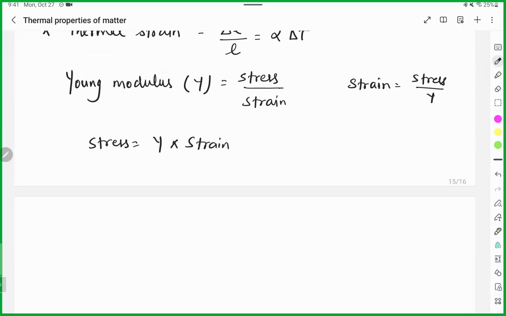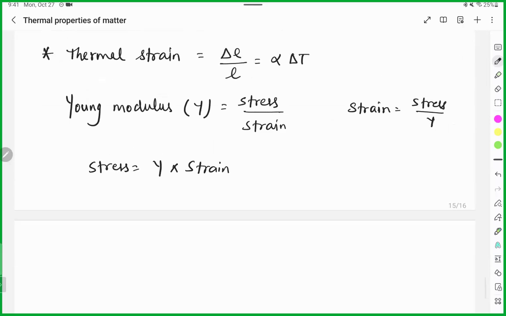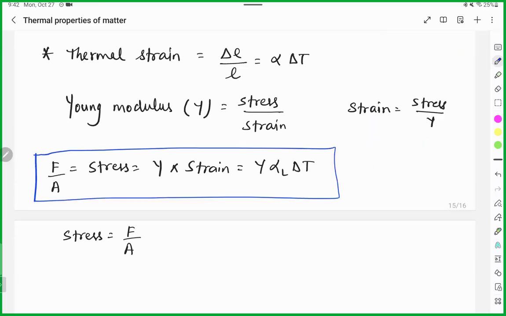And what is the strain value? Y alpha L delta T. One time a question was asked, what is the value of force? So, Pratigya, what is the formula of stress? These are all things that depend upon what is given in the question.